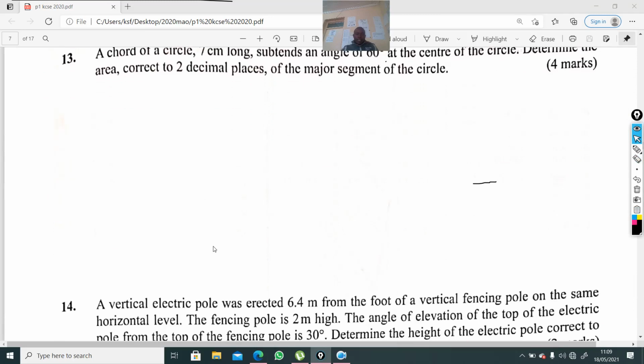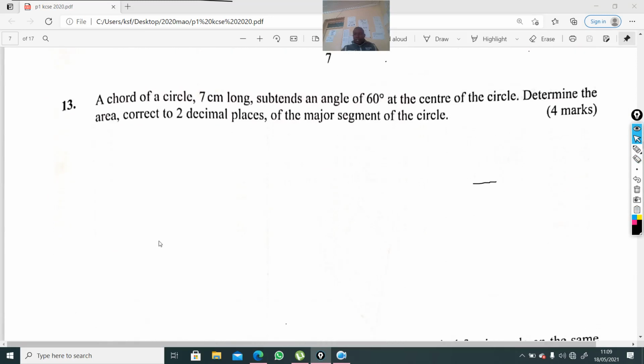Number 13 is talking about a chord. The length of a chord, I've done this before, is 2r sine of theta over 2.